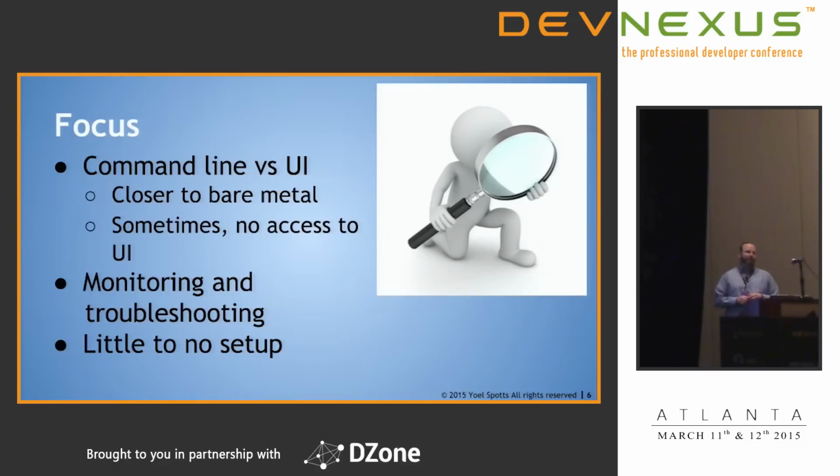And number two, we're going to take a look at the tools which are closer to the bare metal, so to speak, the command line utilities. There are very nice UI utilities that the JDK provides for monitoring, troubleshooting, and other types of things. We're going to be focusing mainly on the command line utilities. And as I mentioned, this will give us an appreciation for how the UI utilities work.